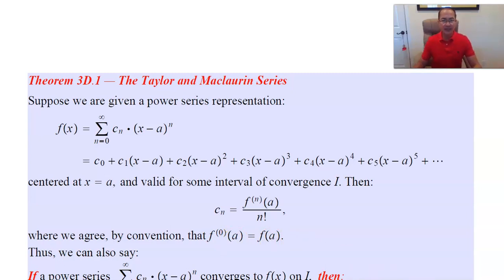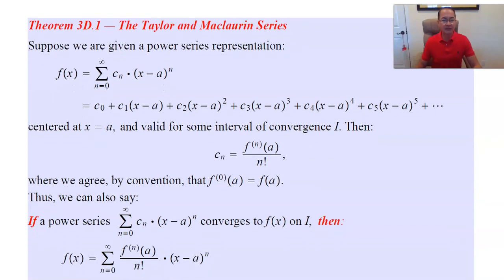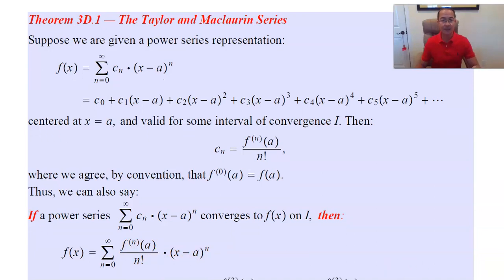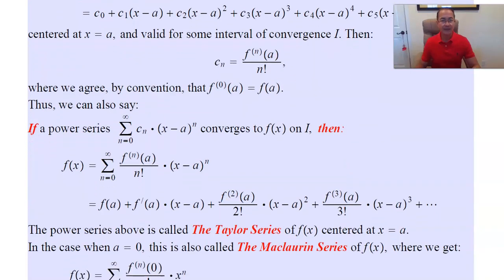Okay, so if this power series converges to the function, then that function must be represented by the power series where the coefficients C sub n are nth derivative at A divided by n factorial. And of course, we multiply by x minus A to the power n. All right.